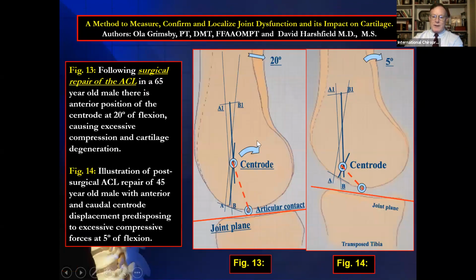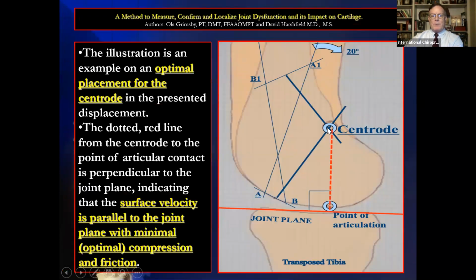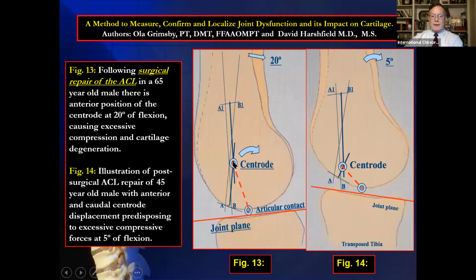Now, once you've torn your cruciate ligament, remember the normal axis of rotation should be along the posterior femur, 5 centimeters off the flat tibial plateau. When that ACL is torn and the tibia moves, this axis of rotation changes. So now, when you put in an ACL and it's too tight, it moves this axis of rotation way forward.